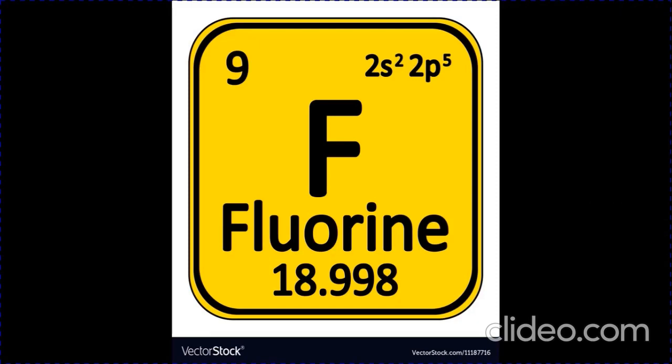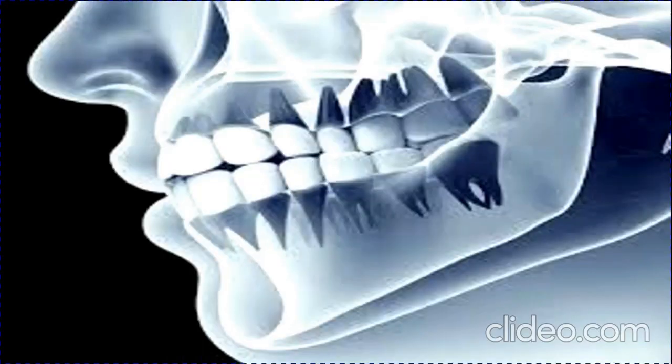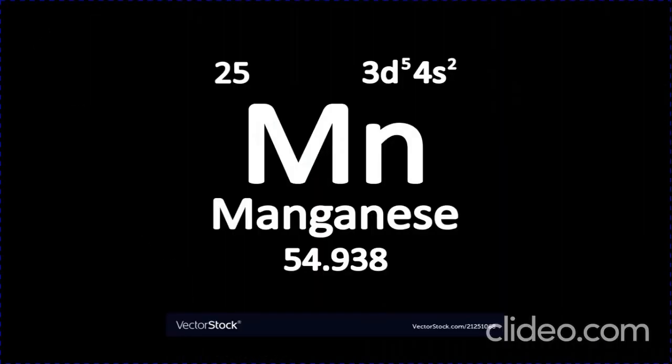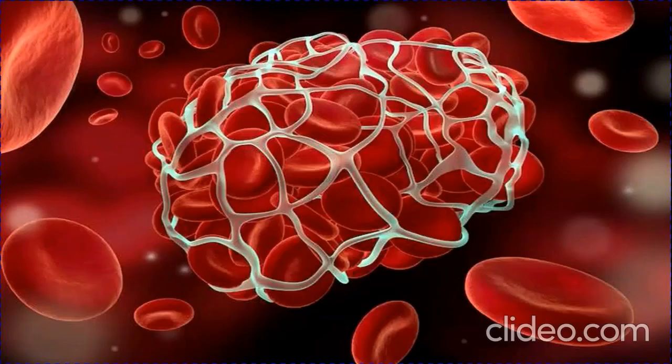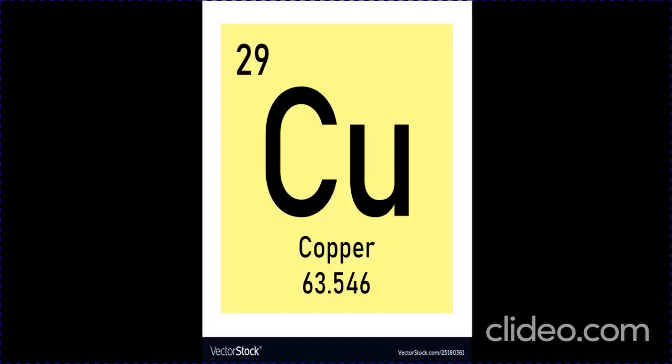Fluoride is important in our body to keep teeth and bones healthy. Then we proceed to manganese. Manganese helps metabolism of amino acids, cholesterol, and glucose, and also reduces blood clotting and inflammation.